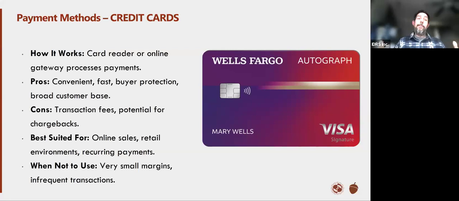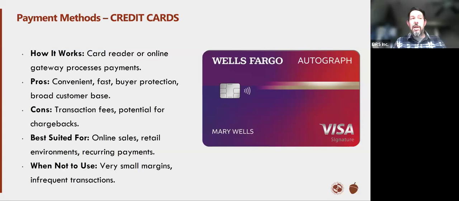And I even remember the days where you would actually take an imprint of a credit card, which was very risky, right? Somebody would give you a credit card and you had a carbon copy, and you would slide this little machine against it and take an imprint of the credit card and have somebody sign. And of course, if that credit card wasn't good, you as the vendor were out. But of course, people wanted to pay with credit cards, so that was a risk that people would take.